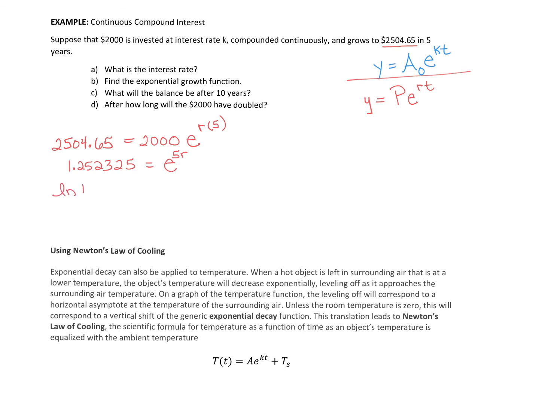The natural log of 1.252325 is 5r, and then I'll divide by 5. So we have the natural log of 1.252325 divided by 5 is r. That's the exact value. If I wanted to know an approximation, which in this case is probably what we want, 0.045, and if I want to turn that into a percentage rate, it's 4.5%.